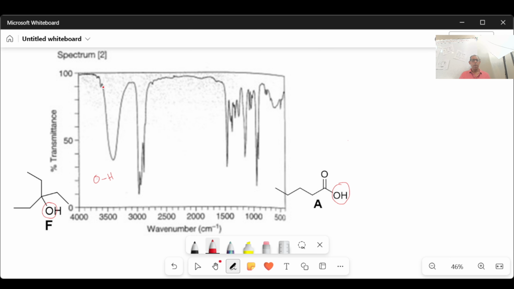This is an OH stretching between 3300 to 3500, the broad OH band here, as you see, that corresponds to OH. The rest, as you see, are CH stretching, of course, for any hydrocarbon. Those CH stretchings are around 2900 or 3000, just below 3000.